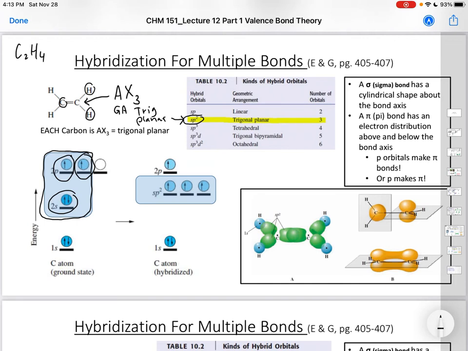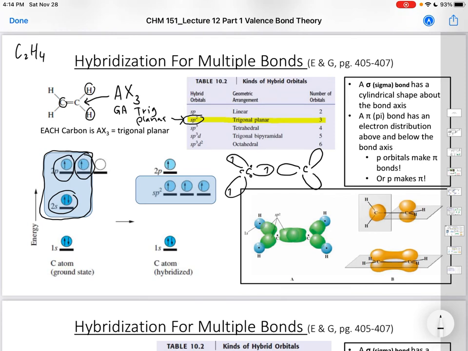Okay? Now notice you have 3 sp2s. And both of these carbons are the same. They're all AX3, right? So carbon, and you've got your sp2, your sp2, and your sp2. The other carbon, same thing, right? sp2, sp2, and sp2. Okay? So if you put in your electrons, there are 3 electrons, right? 1, 2, 3.